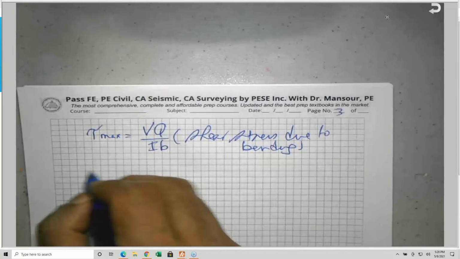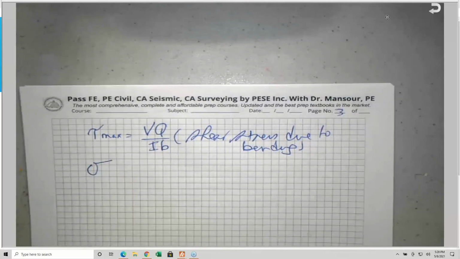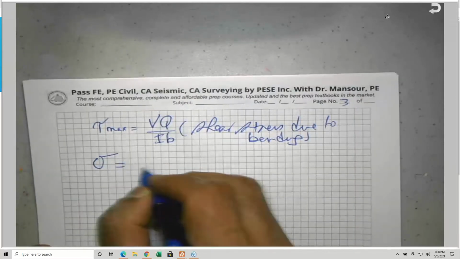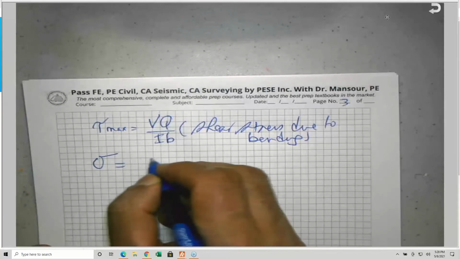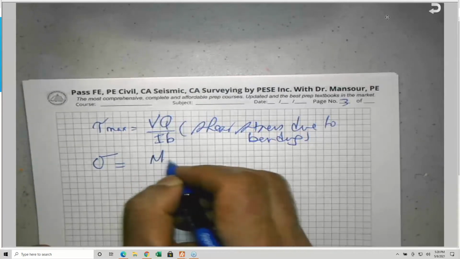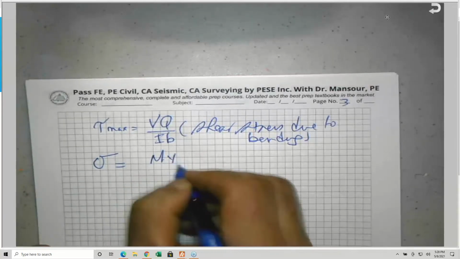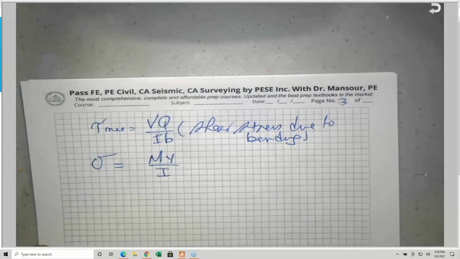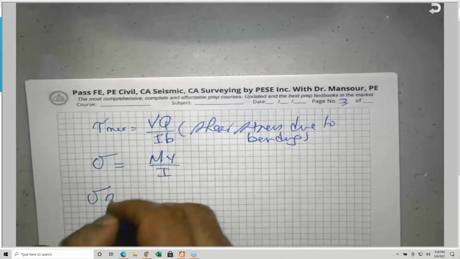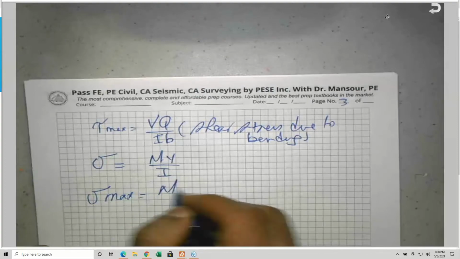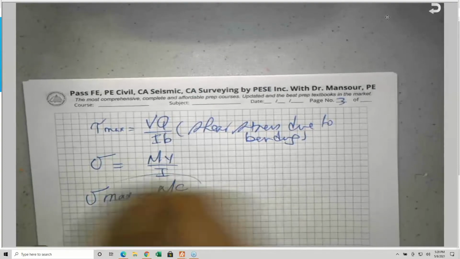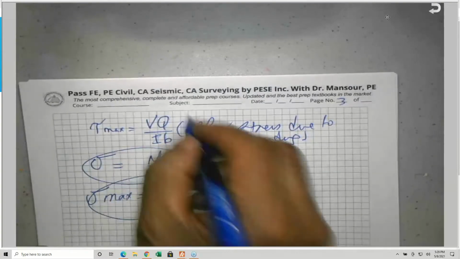And the other one is sigma, which is the bending stress or flexural stress. There are two equations: sigma equals M y over I, and sigma max is equal to M c over I. So those are the equations.